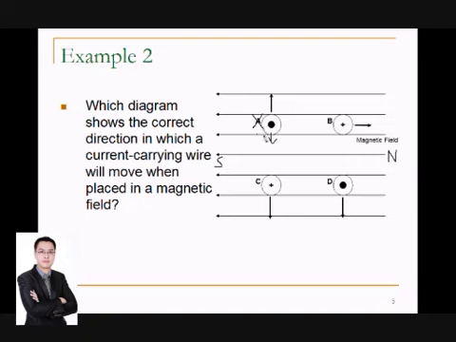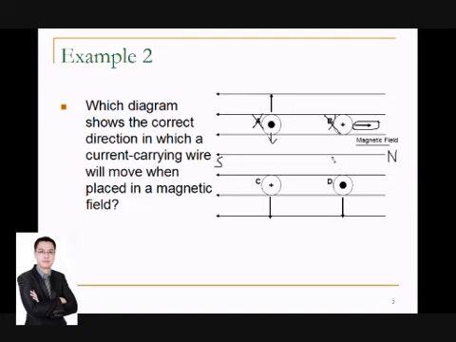So option A is out. How about option B? Option B is also out of the answer. The reason is that we cannot have the direction of the conductor moving in the same line as the magnetic field. They both have to be perpendicular to each other, remember? So option B is also out.